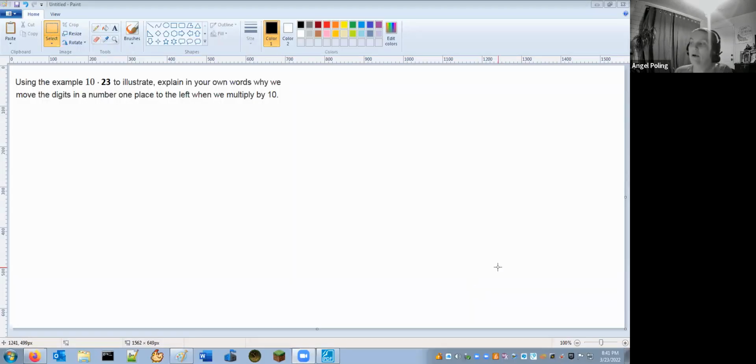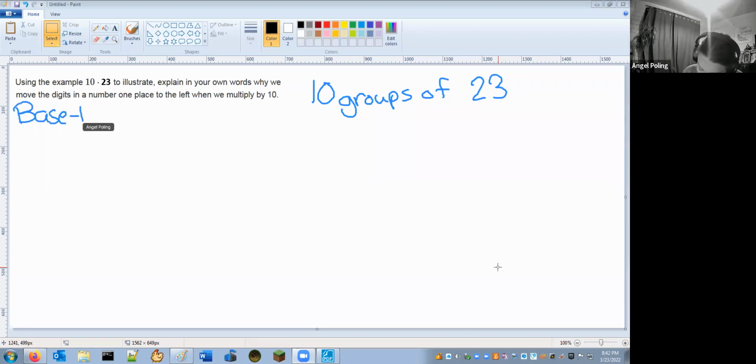Okay, let's talk about multiplying by 10. 10 times 23 is 10 groups of 23, right? So using the definition of multiplication, we have 10 groups of 23. We're going to use base 10 shorthand.